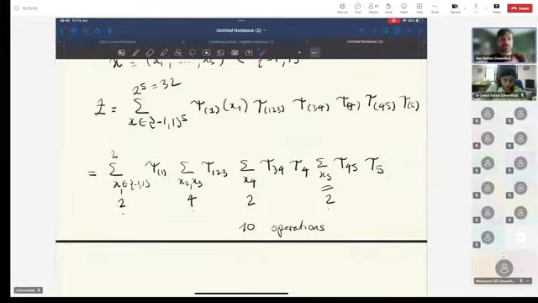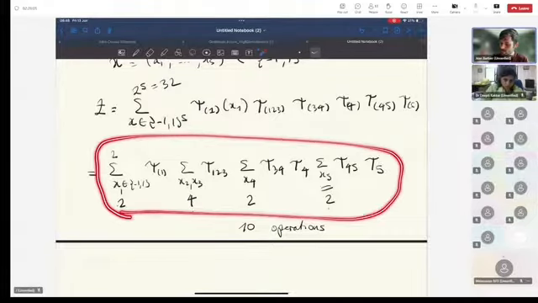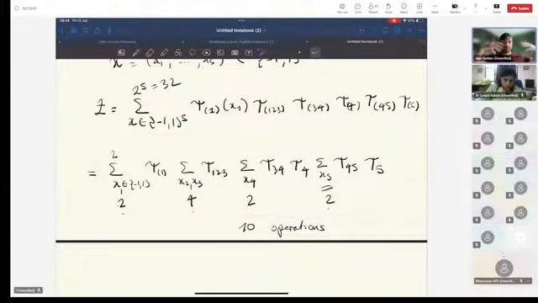It doesn't look like a big gain going from 32 to 10. But I claim that the computational complexity of this algorithm, if the graph were much bigger, would scale linearly with the number of variables, so n times the maximum degree. Because if there is a sum that I cannot divide in 2, this is still exponential. The number of operations is still exponential in the degree, in the number of variables in this sum.